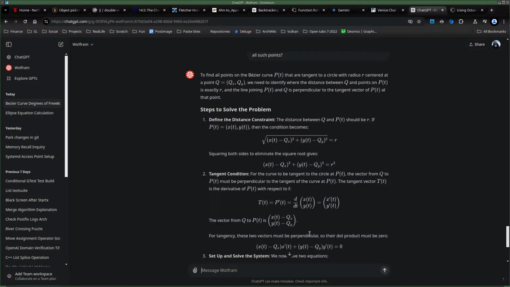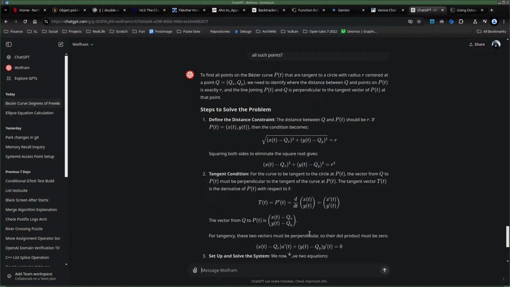The tangent vector T(t) is the derivative of P(t) with respect to t, the d/dt of x(t), y(t). The vector from Q to P(t) is (x(t) minus qx, y(t) minus qy).